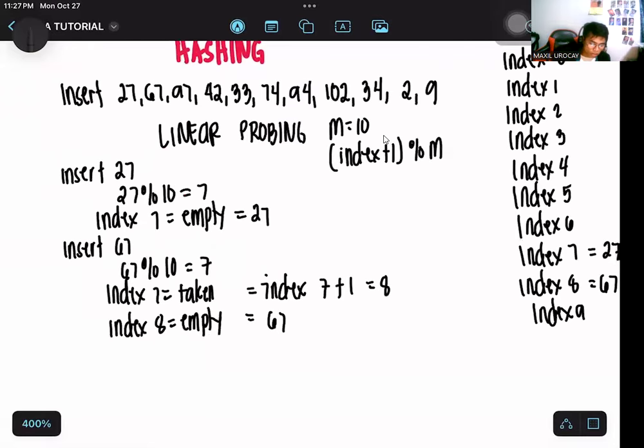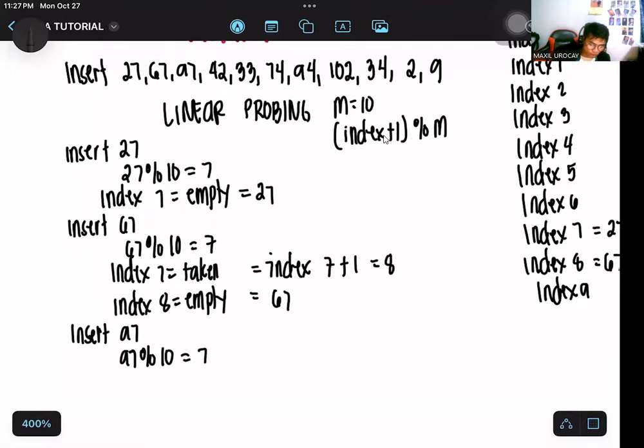Now, since we're done with the 67, let's try to insert number 97. Now, 97 modulo of 10, you will certainly check that one. 97 divided by 10 will become 9. 9 times 10 will become 90. Then 97 minus 90 equals 7. So the remainder is 7. So therefore, checking the index number 7, that is taken.